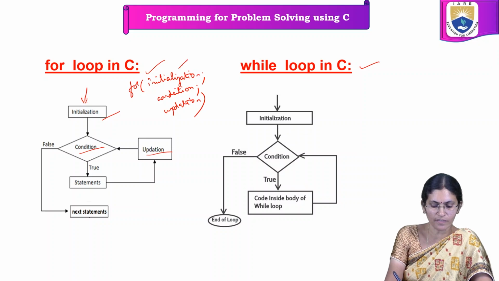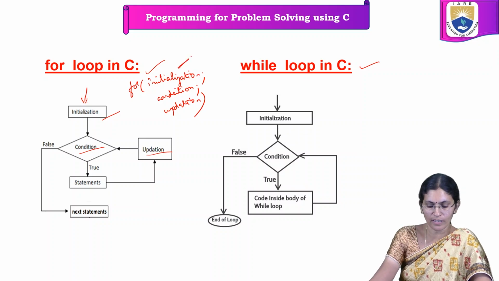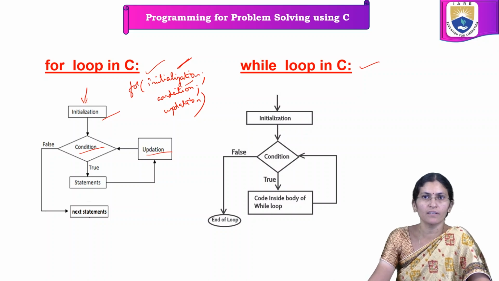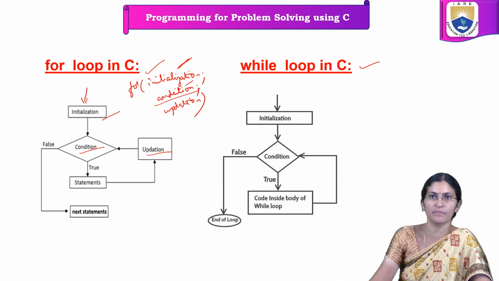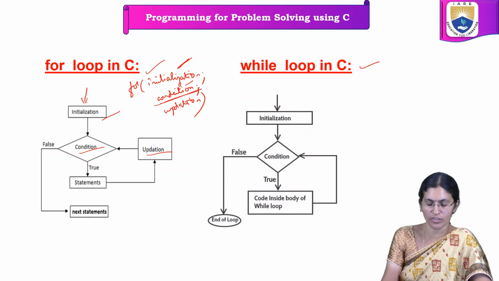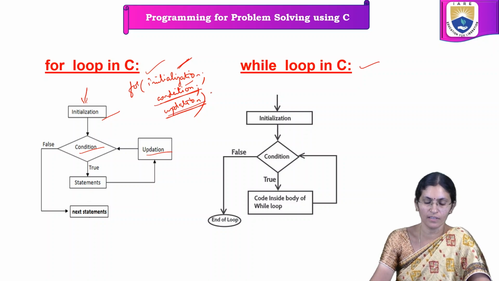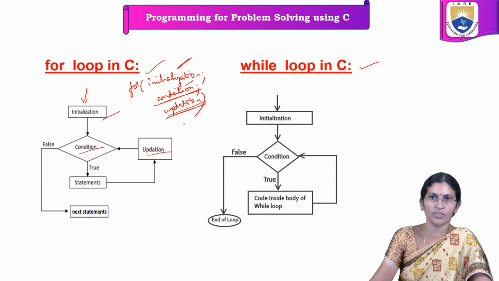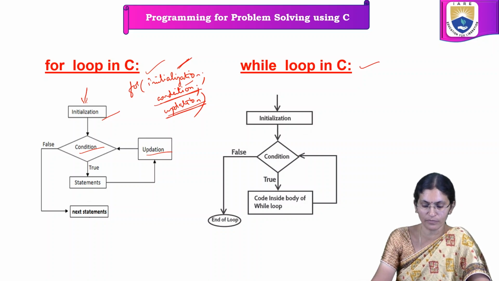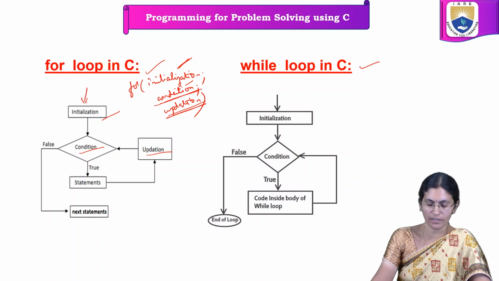Initialization sets the value, that is, it initializes a variable. Next, the condition checks how many times the loop has to be repeated, so some condition should be specified. Next, the step size of incrementation is set with the help of updation. The updation expression involves either an increment or decrement operation, done with the increment or decrement operator we have seen.